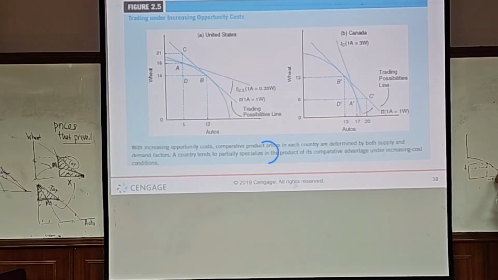And this is the production point. On that point of new production with trade or specialization, I can draw the international trading line.